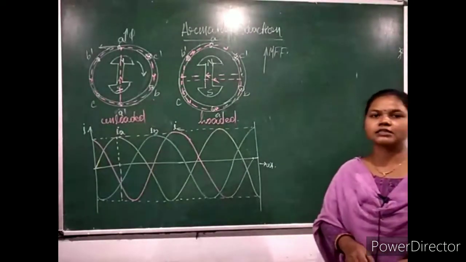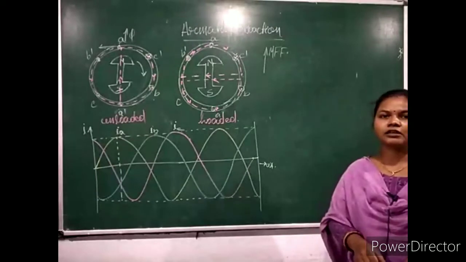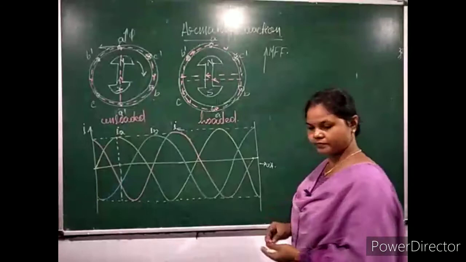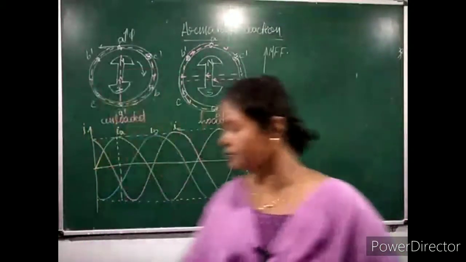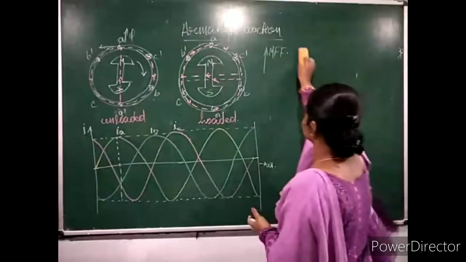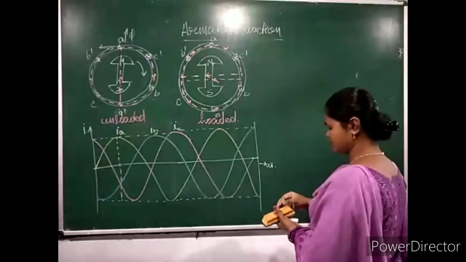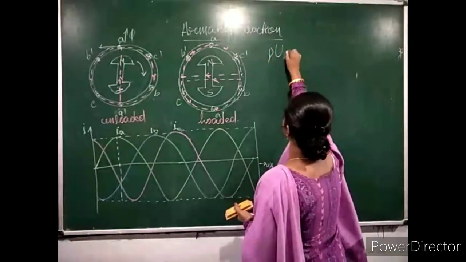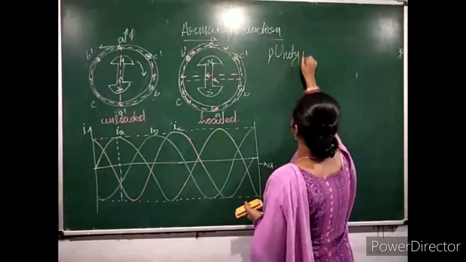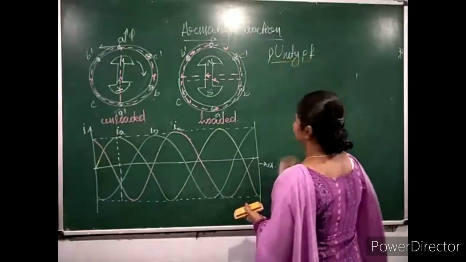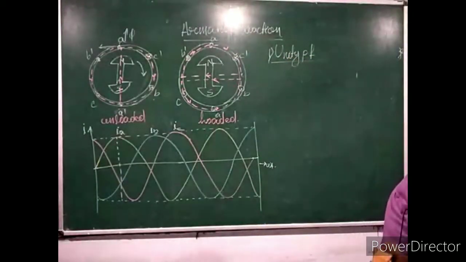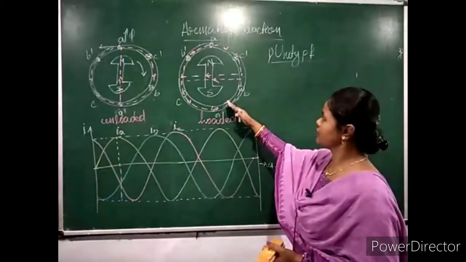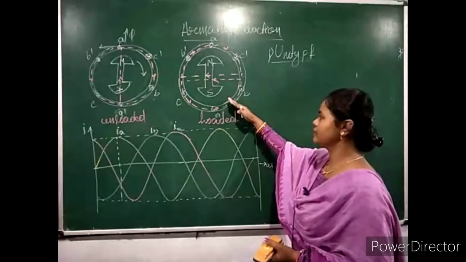So let us first discuss what is the effect of armature flux on the main flux in unity power factor. If the load is unity power factor, the same example here I will take the alternator.